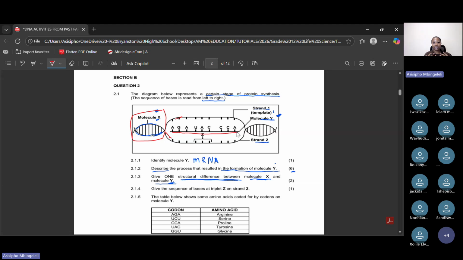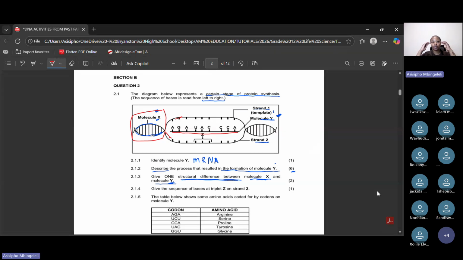So let me first ask you this before we get to the question. What do you think molecule X is? I think, yes, ma'am, it's the transcription of the RNA.